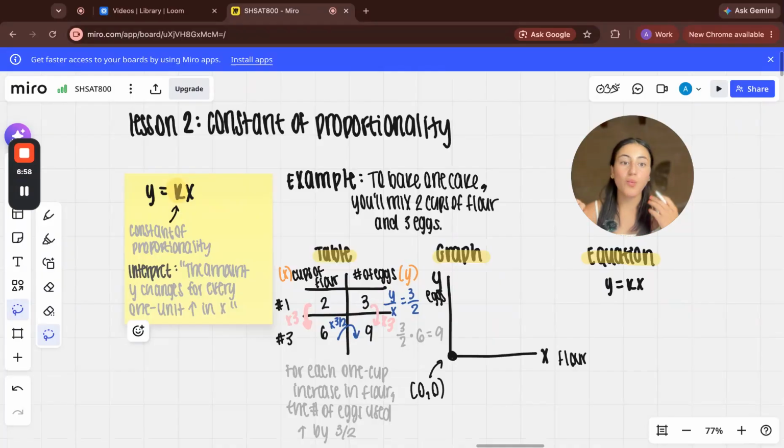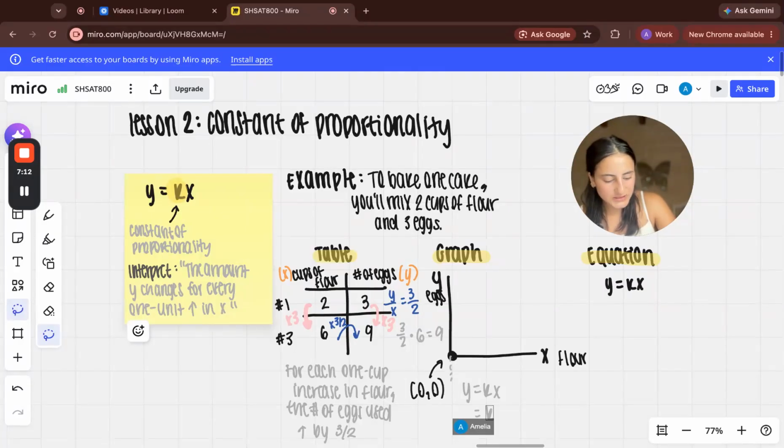When x is 0, y is also going to be 0. We know this is the case because even in the equation I just showed you, y equals kx, when x is equal to 0, k times 0, no matter what value of k you have, y is also going to be 0.